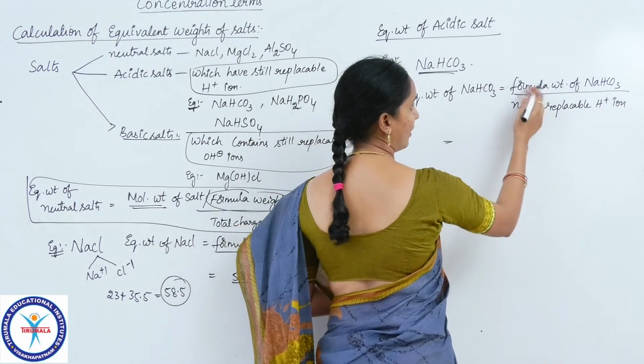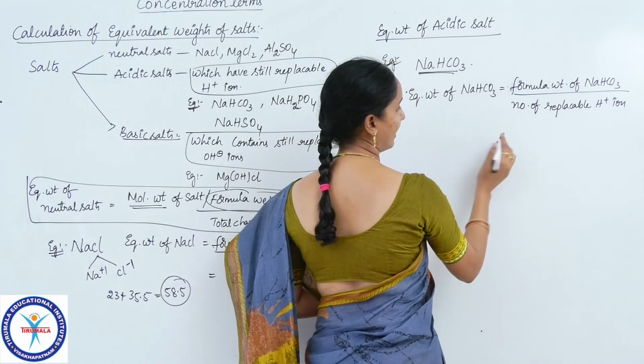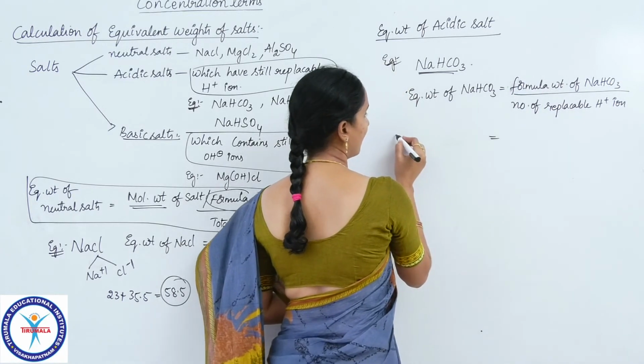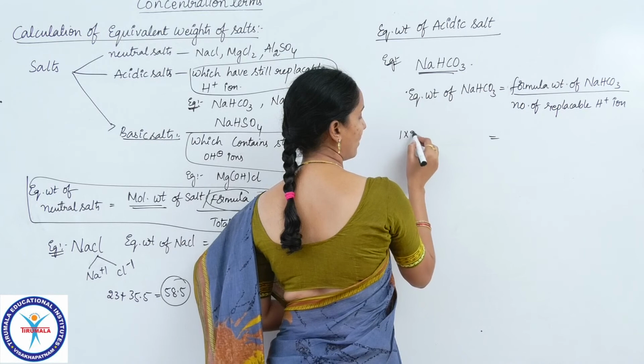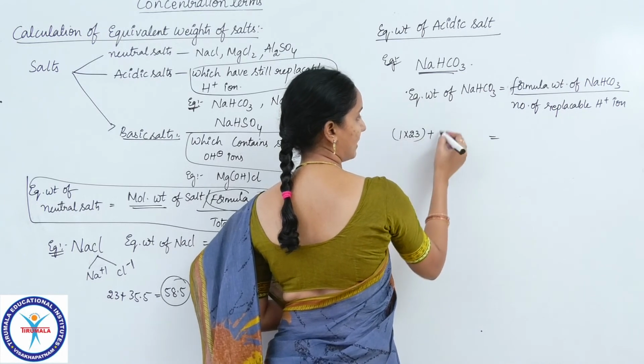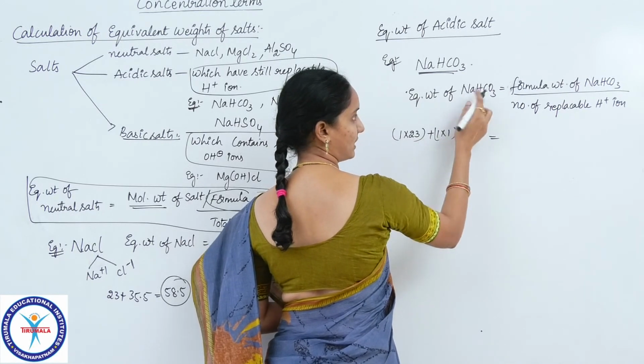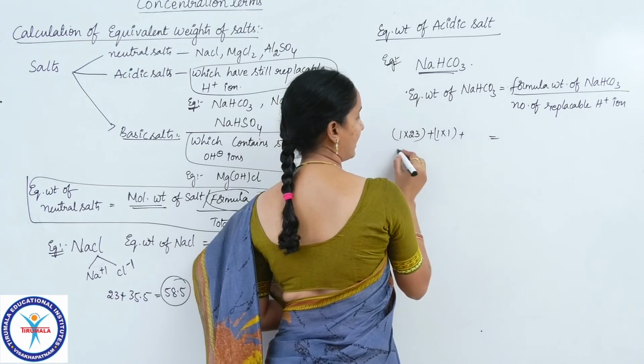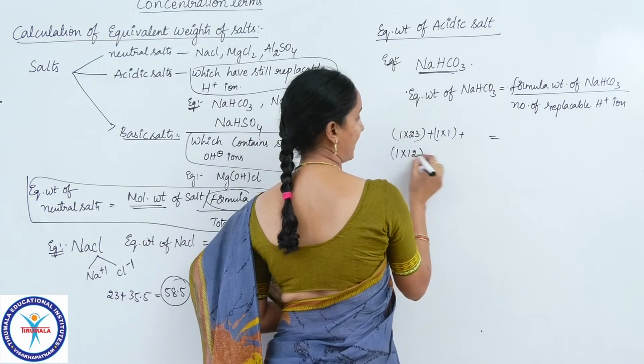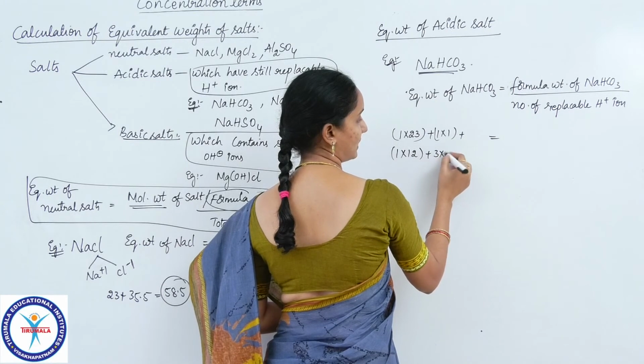Now the formula weight of NaHCO3 becomes: 1 sodium atom, so 1 into 23, plus 1 into 1, hydrogen's weight is 1, plus 1 into carbon's weight 12, plus 3 into 16.